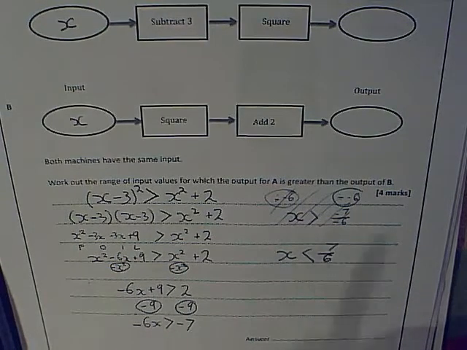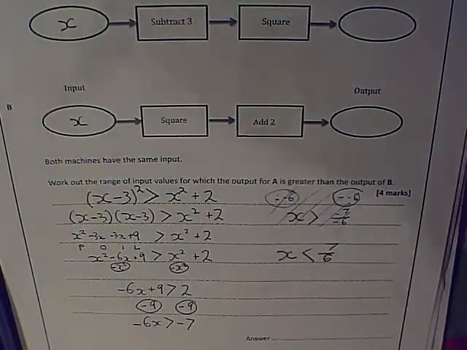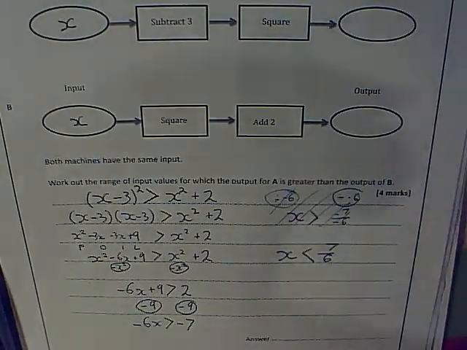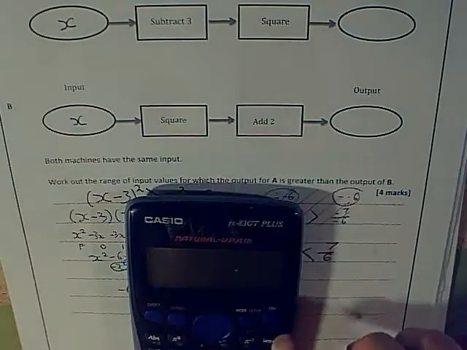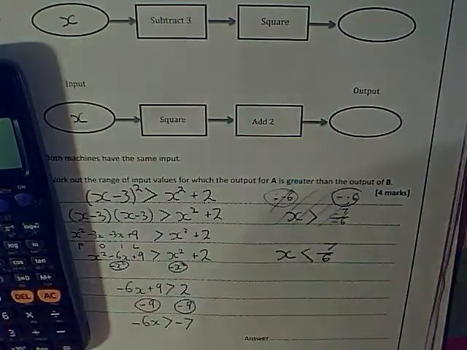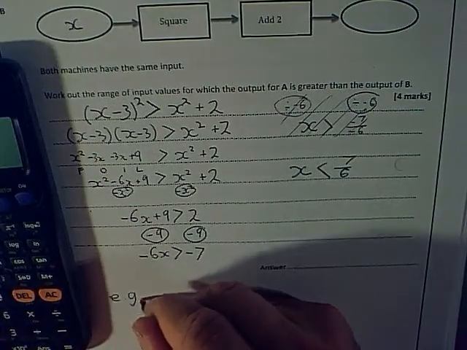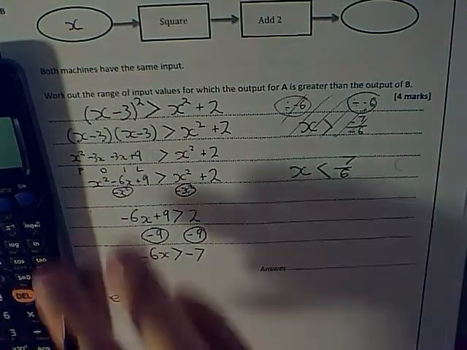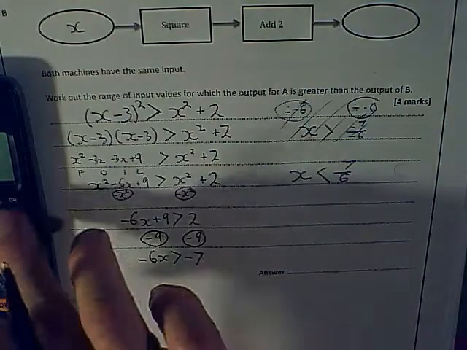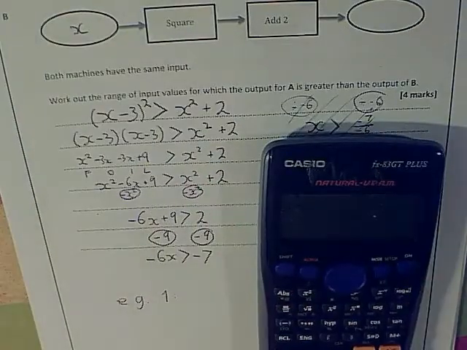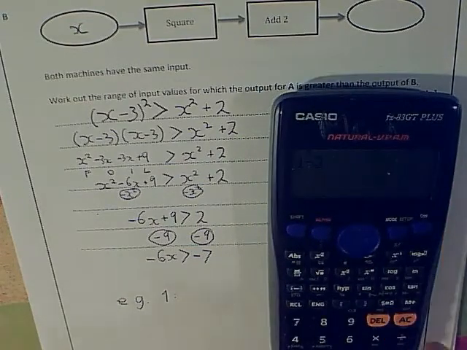Let's take an example. Less than 7 over 6 might be 1, because 7 over 6 is just over 1. So 1 should work. If I've got 1, I do 1 take away 3, which equals minus 2, and I square it.